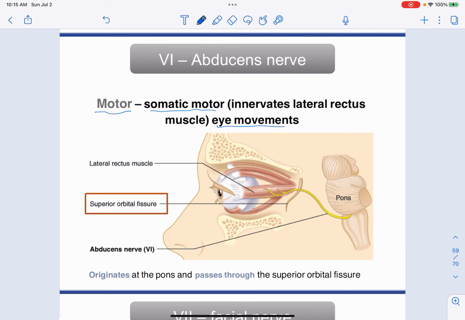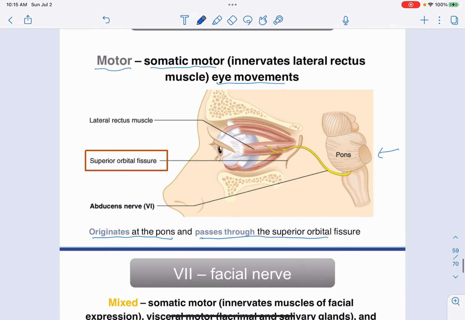The abducens nerve originates at the pons. You can see that here. And it is also passing through the superior orbital fissure. Once you see all of this in a chart format, you're going to see a lot of patterns. Those patterns are what is going to allow you to memorize this better. I believe that once you see it, you'll see what I'm referring to.